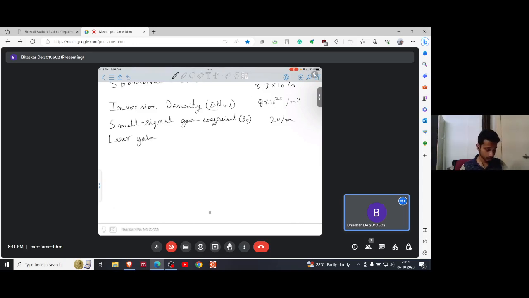Laser gain medium length is 0.1 meter. Single pass gain, e to the power sigma UL delta n UL, is 7.5.